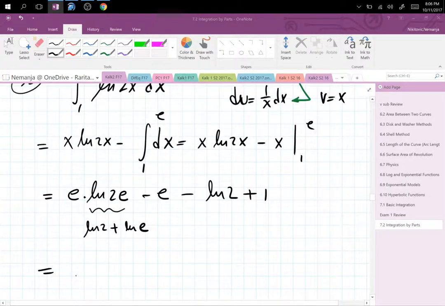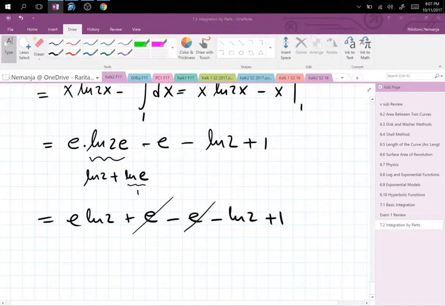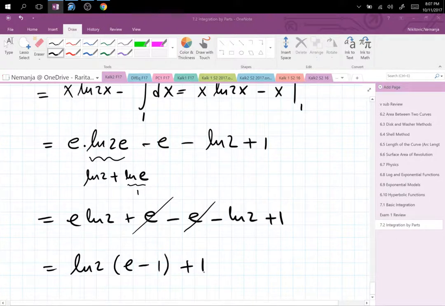So I have e ln 2 plus e ln e is 1, right? And then minus e minus ln 2 plus 1. Now these die, and you can factor out ln 2 from these two. You get e minus 1 and then plus 1. That's exact.